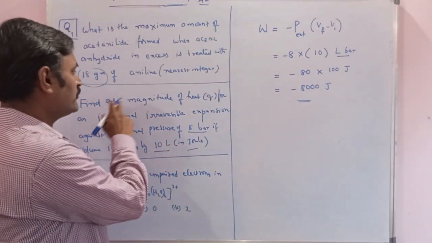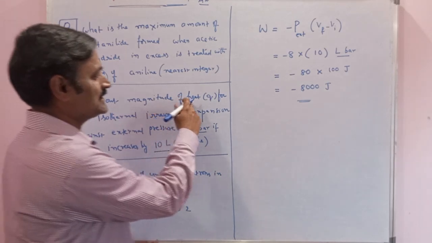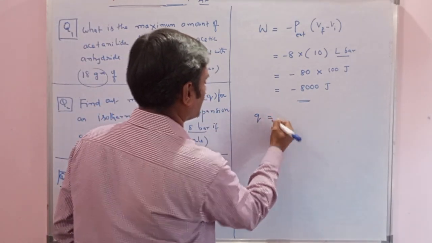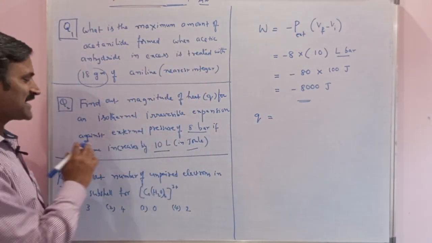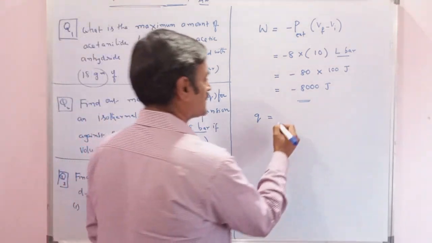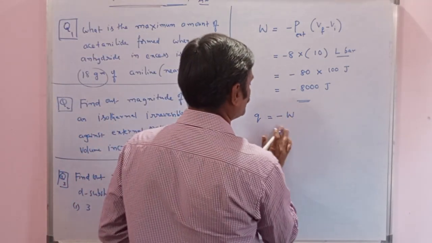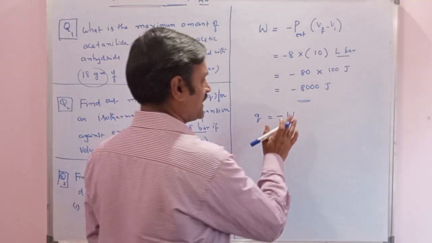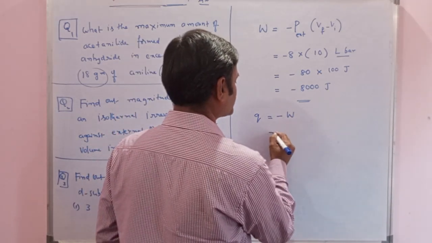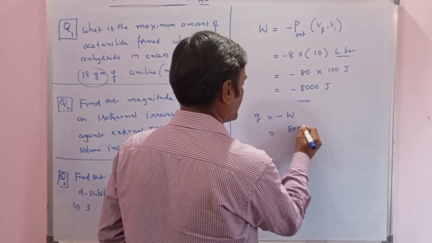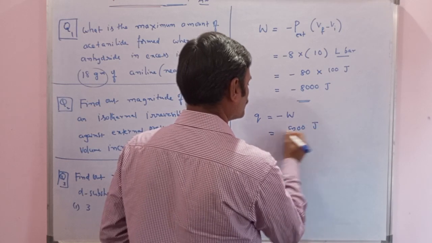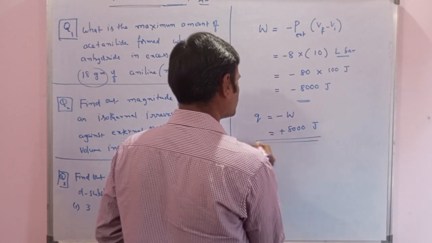But when we are finding the heat, then the heat formula in the irreversible expansion is nothing but minus W. So that is equal to 8000 joules, plus 8000 joules will come.